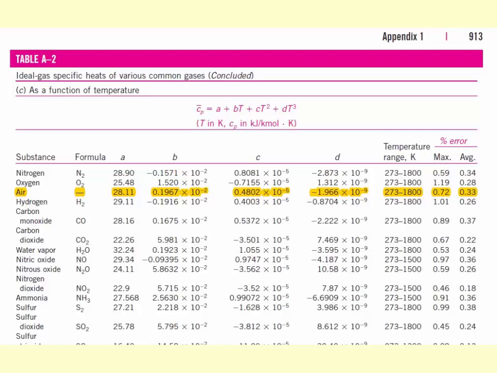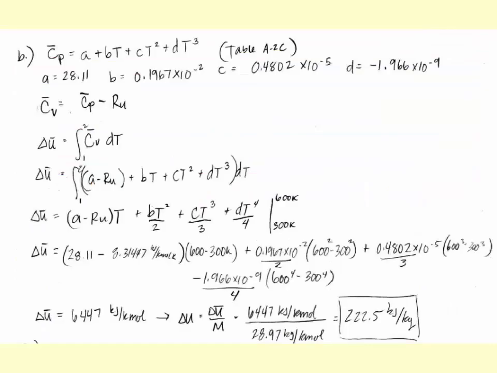C is equal to 0.4802 times 10 to the minus 5. And D is equal to negative 1.966 times 10 to the minus 9. So these are the experimentally determined coefficients for air operating in the range of 273 to 1800 Kelvin. Okay, so how do we use this? We want to find delta U, right? So du is equal to C sub V dT.